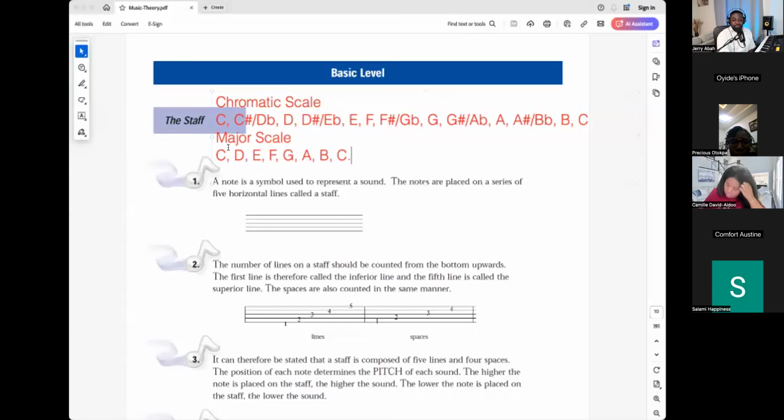And then the 8th note is an octave repetition of the very first note, the C. So, if you have paid attention to what I said so far about the chromatic scale and the major scale, then you should be able to pass the quiz in the voice training.